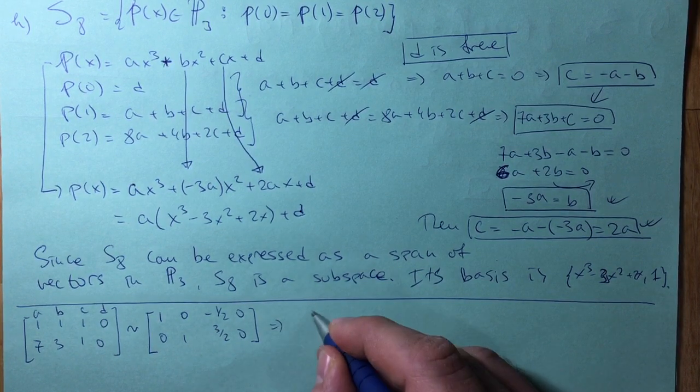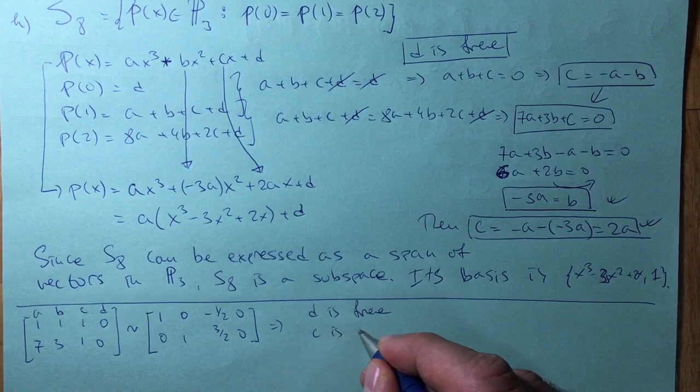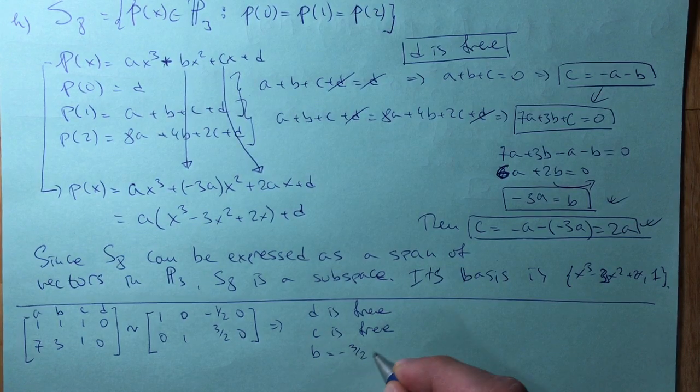And as you can see, d is free, c is free, b is equal to negative 3 over 2 c, and a is equal to 1 half c.